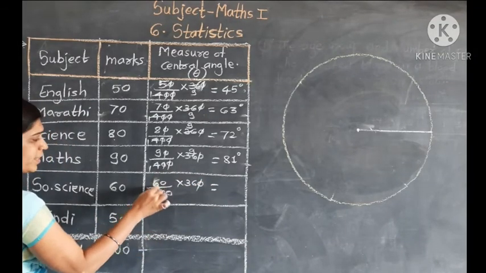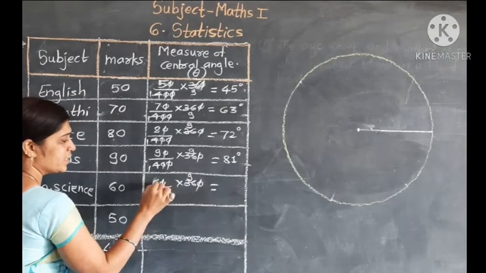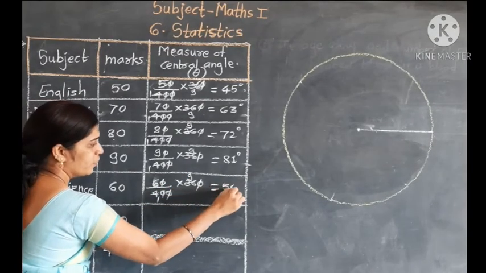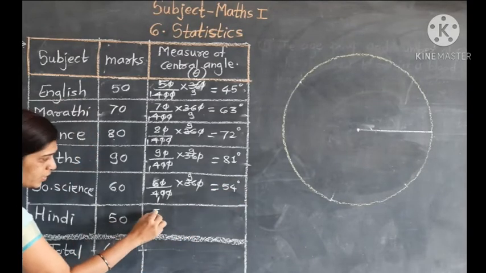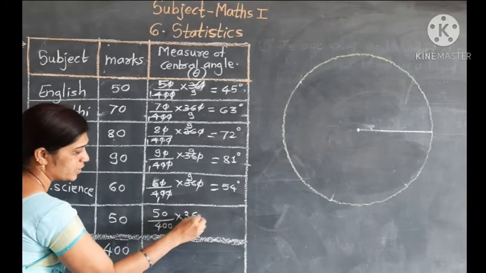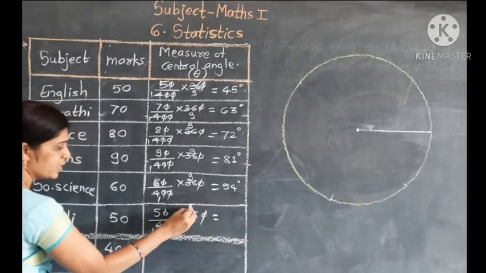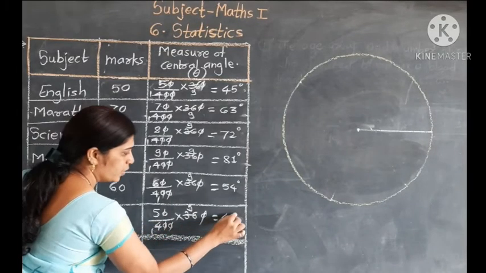Here 60, okay. 4 ones are 4, 4 nines are 36, 9 6s are 54. And the last one, 50 divided by 400 into 360. 4 nines are 36, 9 5s are 45.